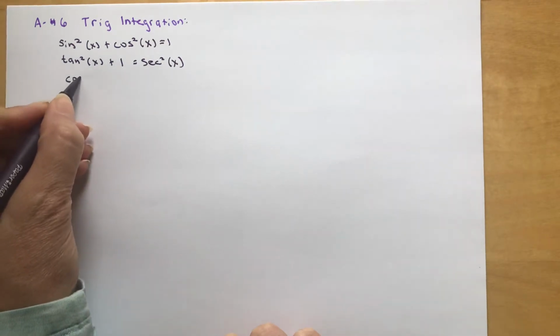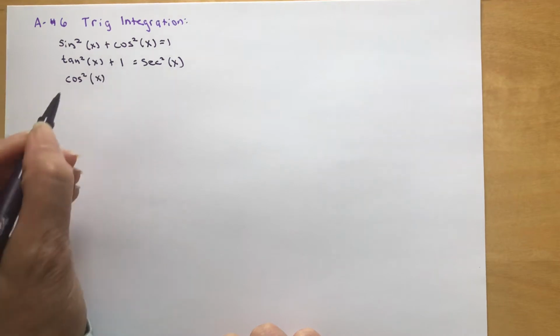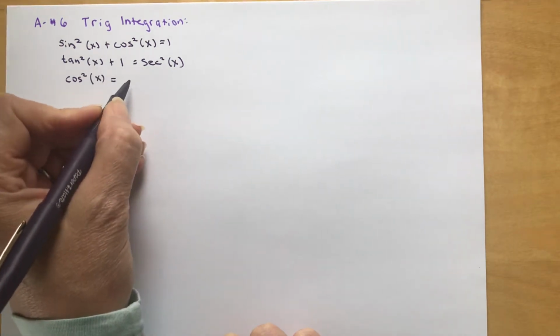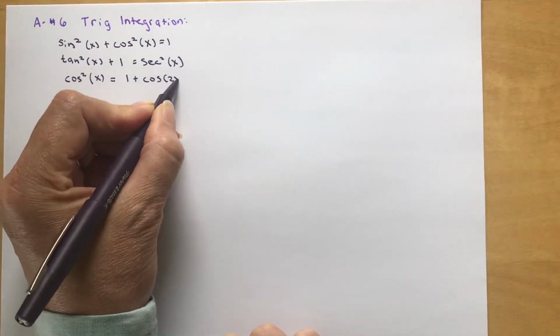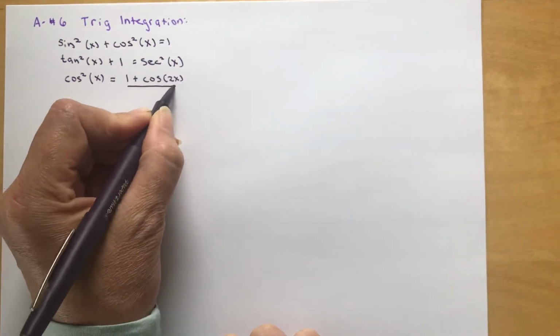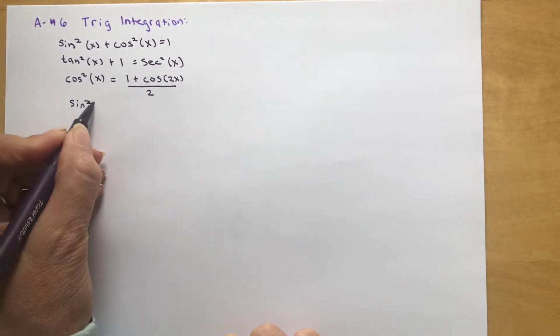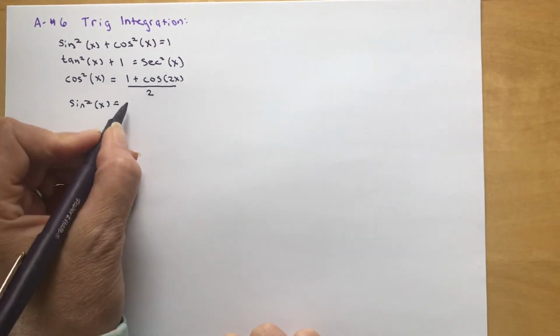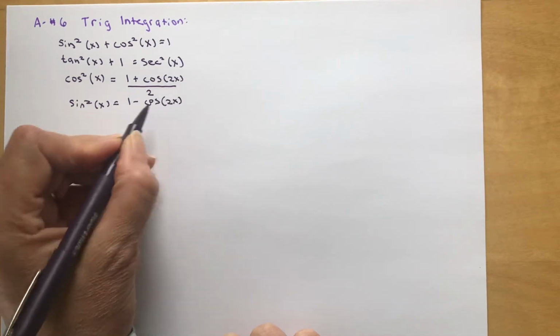And then a variation on the double angle identity, maybe called the power reducing formula, is that cosine squared x equals 1 plus cosine 2x over 2, and sine squared x is equal to 1 minus cosine 2x over 2.